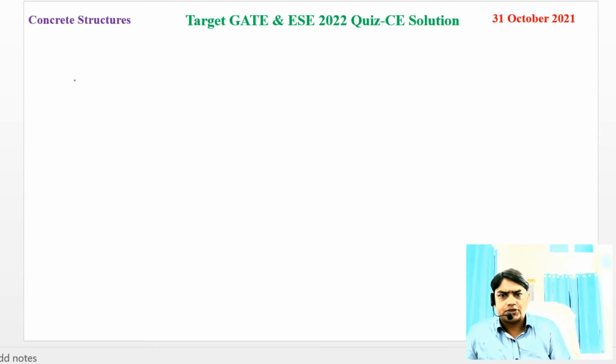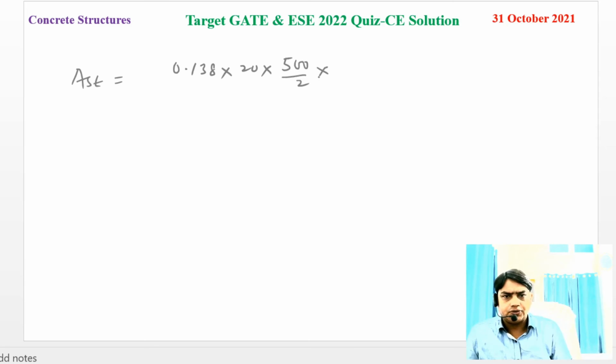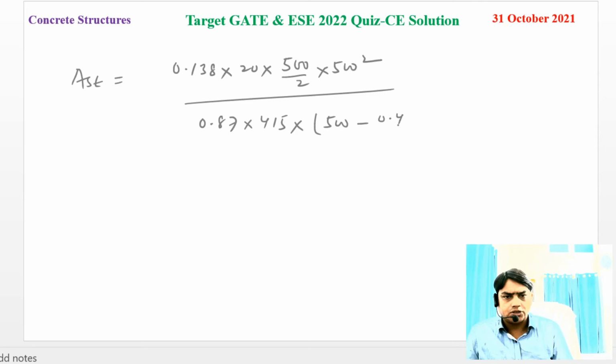So here area of steel Ast can be computed as 0.138 into fck is 20 into b can be written as d by 2, so 500 by 2 into 500 square divided by 0.87 fy. So 0.87 into 415 into 500 minus 0.42 and xu limiting is 0.48 into 500.